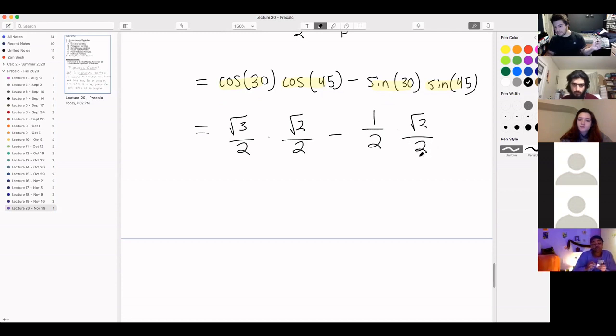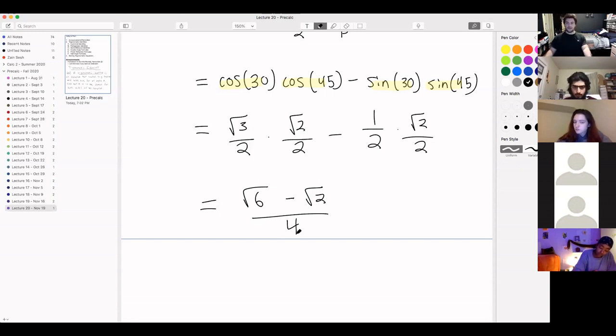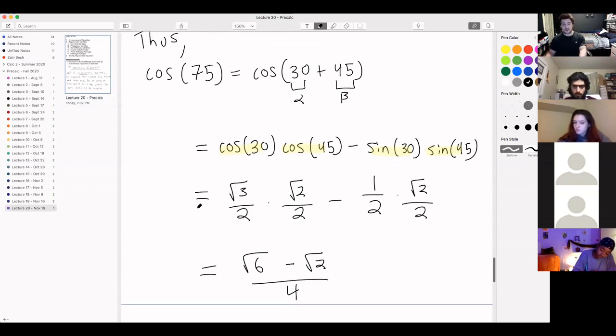All right, and this is just so beautiful. We have an exact value, this will be radical 6 minus radical 2 all over 4. Okay, so it's quite nice. So we actually have a nice closed form for cosine of 75, all right?